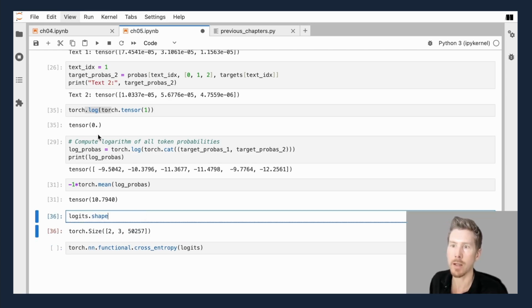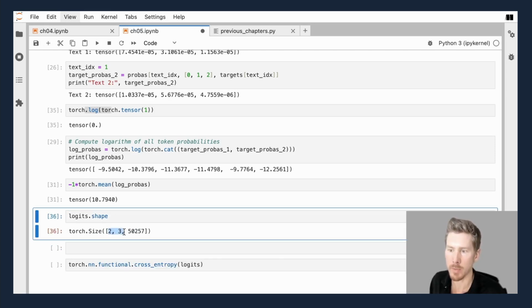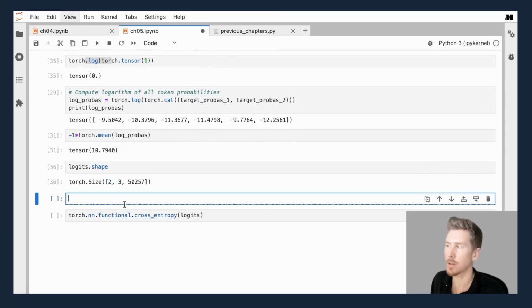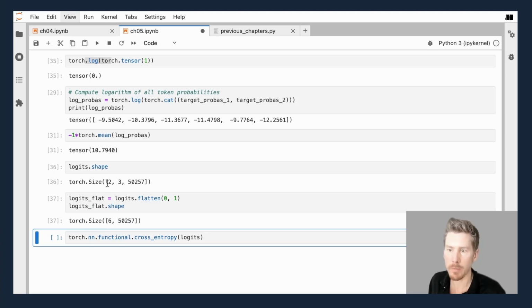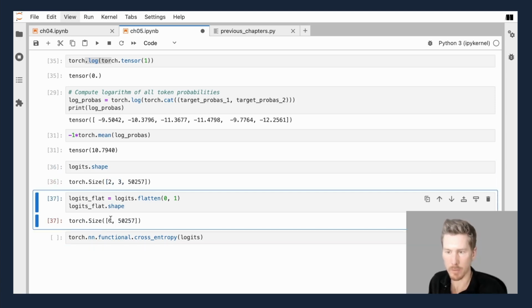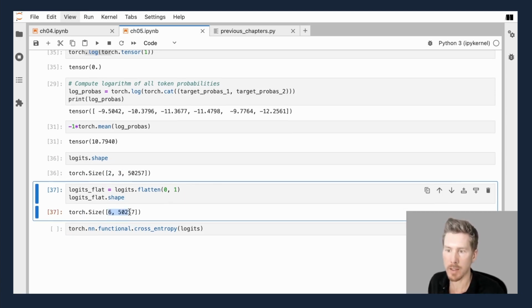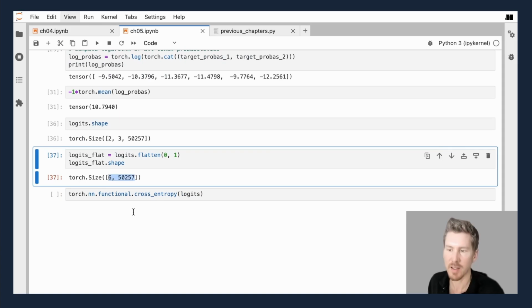And so we have to flatten those to combine those dimensions because the logits are expected, in our case, to be 2D tensors. So we do logits.flatten(0, 1). Let's call them logits_flat maybe. And then logits_flat.shape. And so we see we combined those dimensions. We just concatenated along this axis. And so we now have the 6 times 50,257 dimensional tensor.